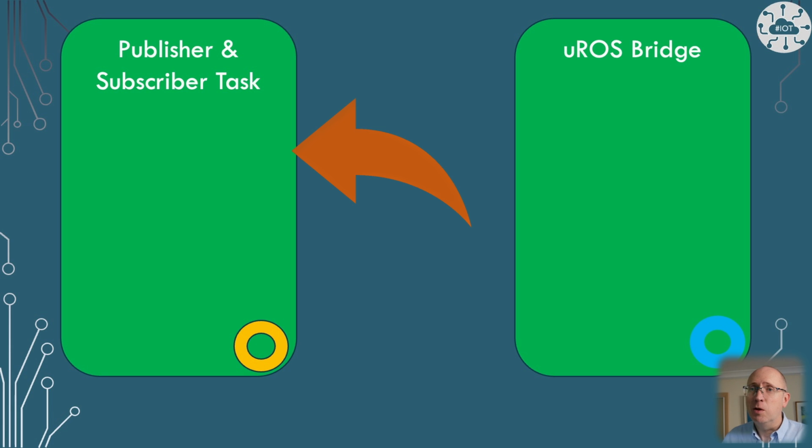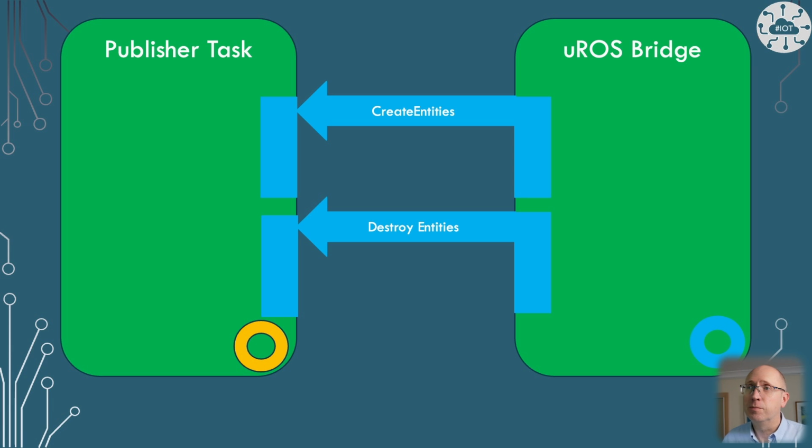It's simulating what would be happening on the physical hardware of our robot, and it's responding to messages that it receives and subscribes to, and it's publishing out the position. So last time we had this create entities and destroy entities capability that's running inside the MicroROS bridge's thread, but it's actually a request into my publish task.